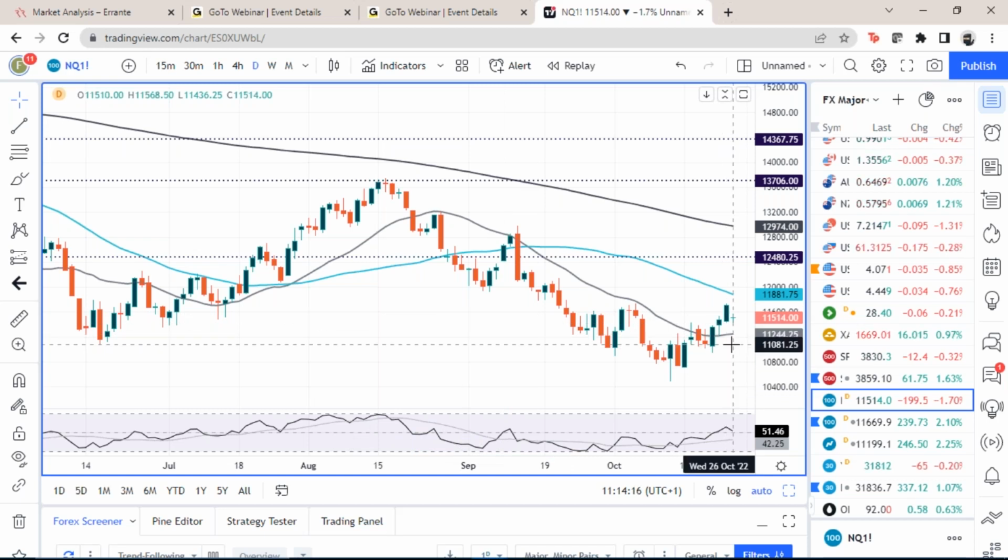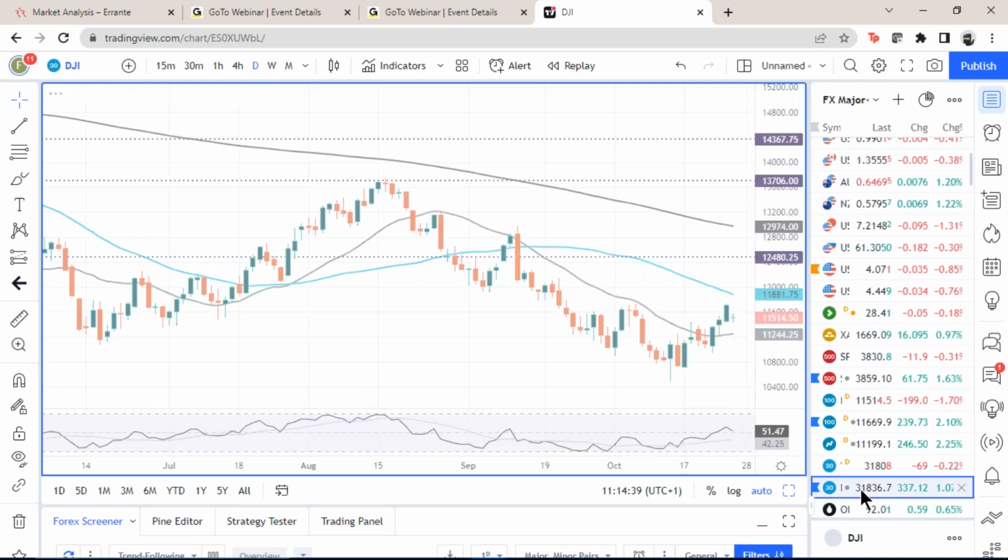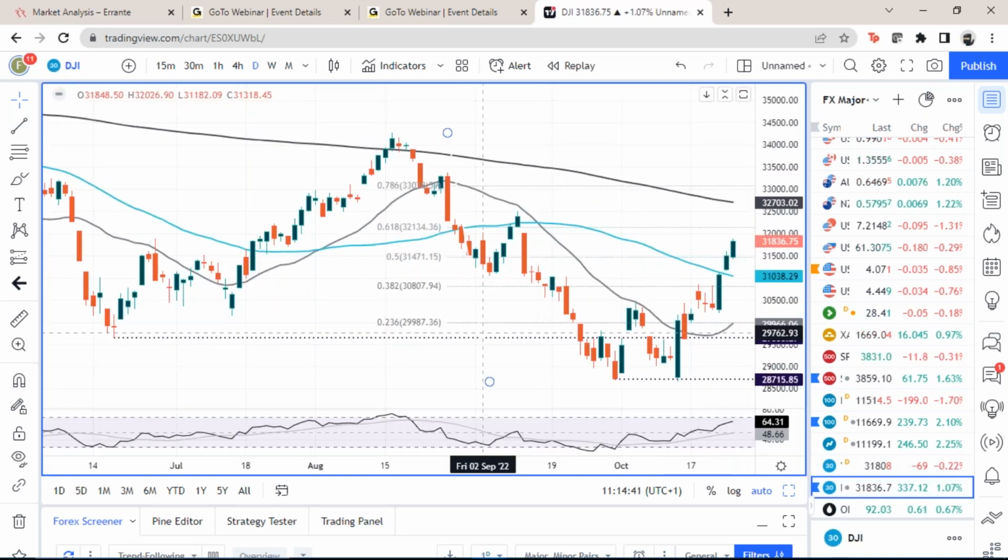We do get Meta after the close today, and then Apple and Amazon after the close tomorrow. So key third quarter earnings results to look out for, and potential direction for the NASDAQ especially, and then the wider S&P 500.